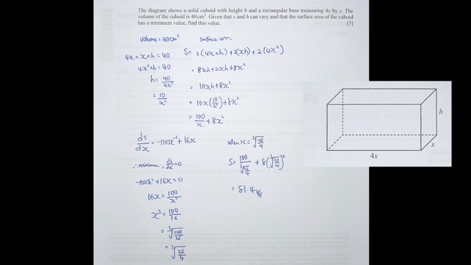When it is equal to 0, the x value will be the cube root of 25 over 4. And from this, you should be able to find the minimum value of the surface area as 81.4. So that's how you get this calculation done and secure the 5 marks.